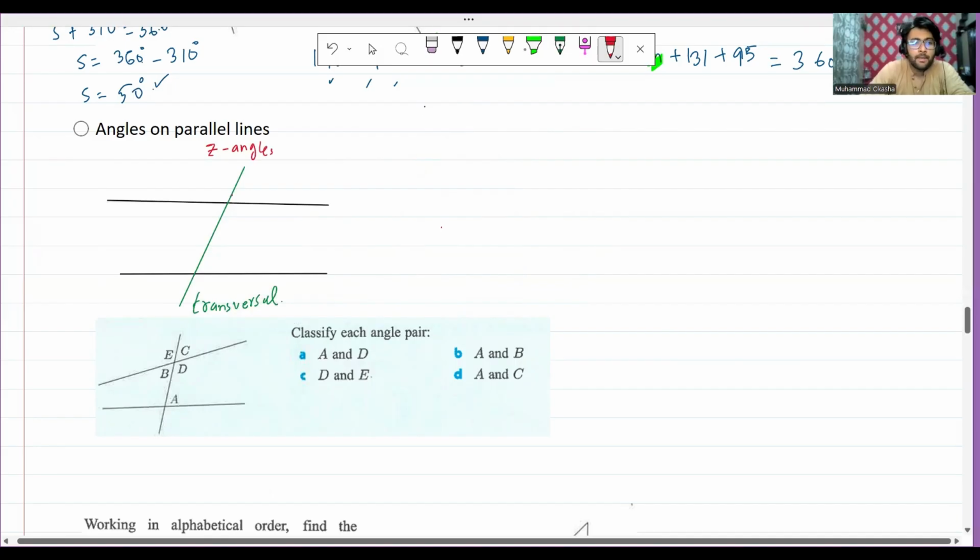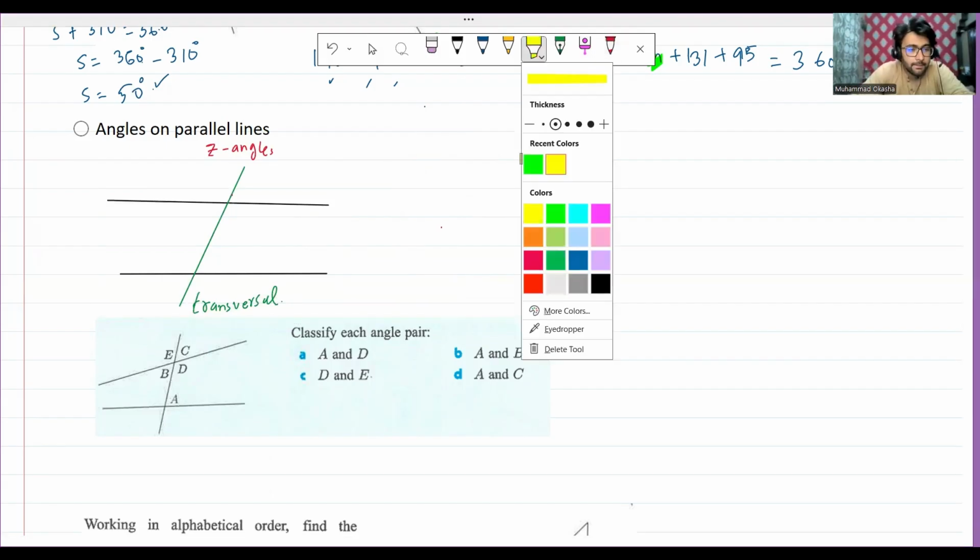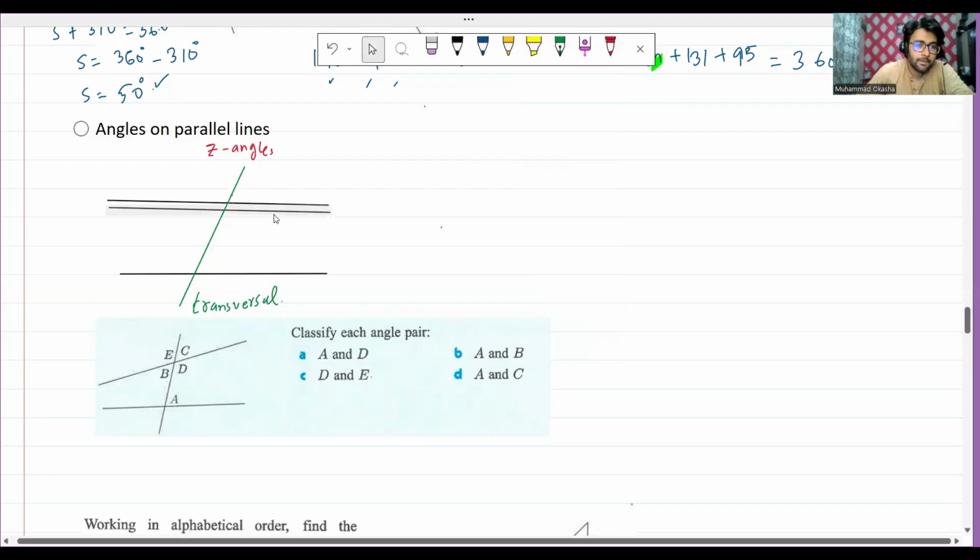As long as the transversal is cutting the parallel lines, try to see if you can form a Z. I'll draw this line again.